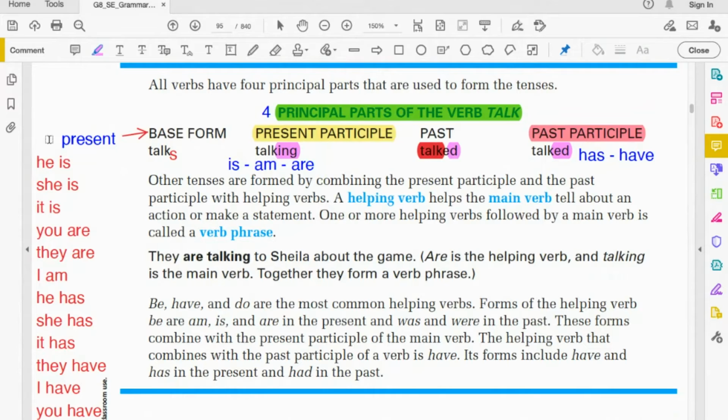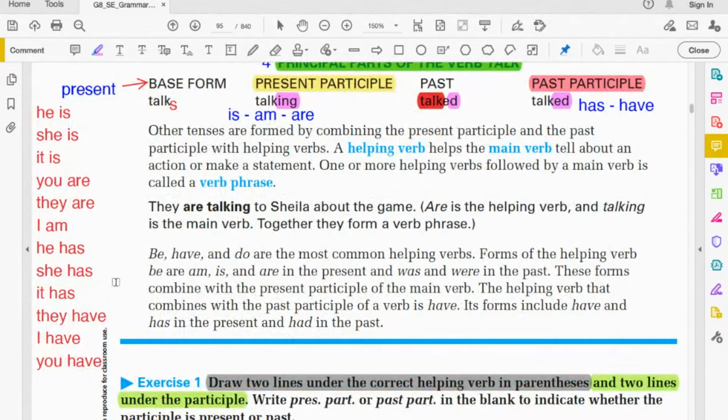The same is true with the past participle. Has or have talked. Once again, look to the side. He has talked. She has talked. It has talked. They have talked. I have talked. You have talked.